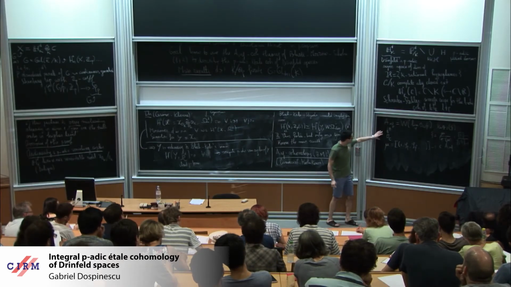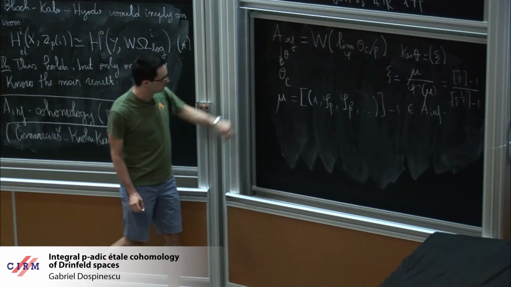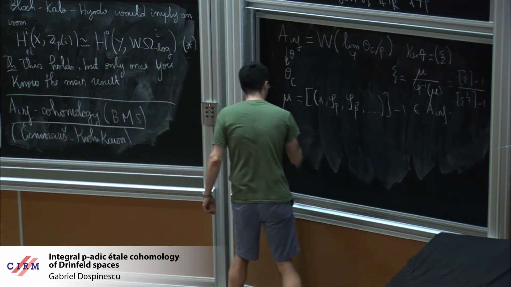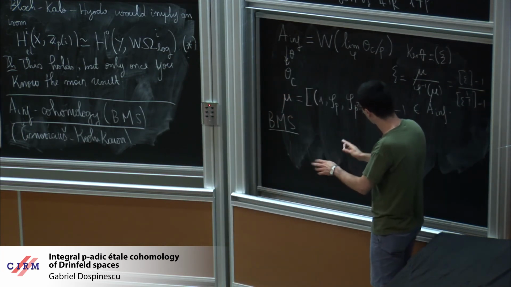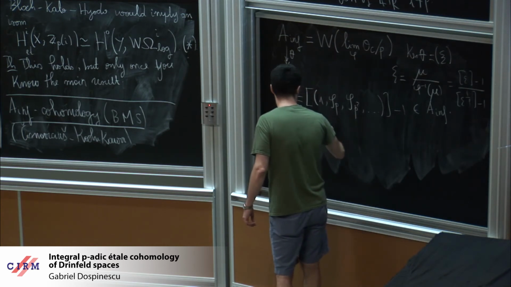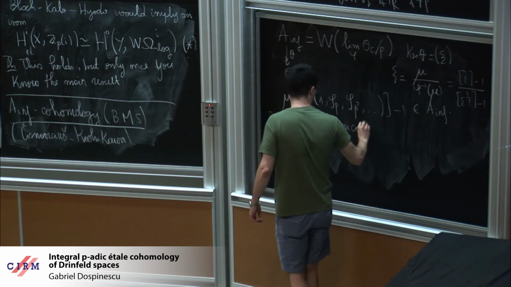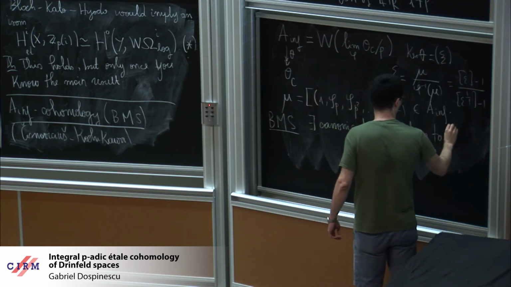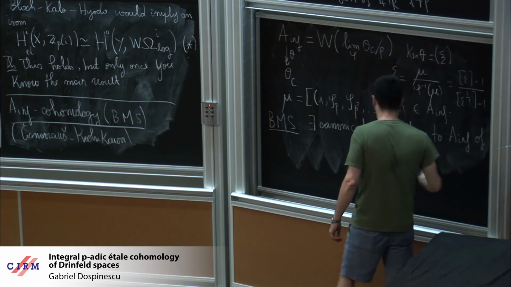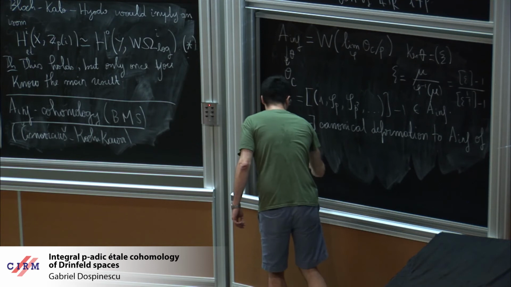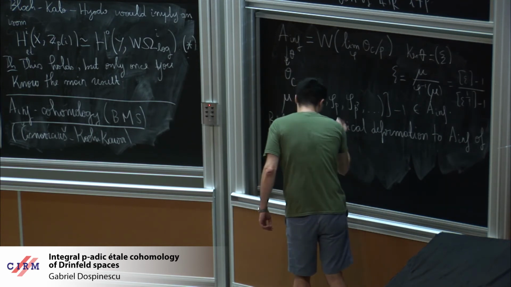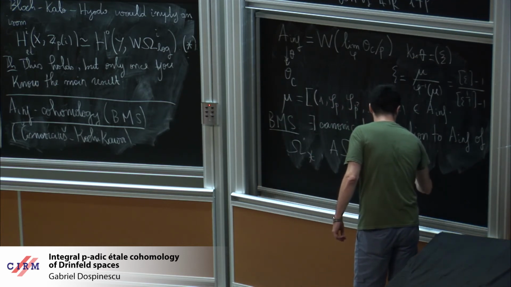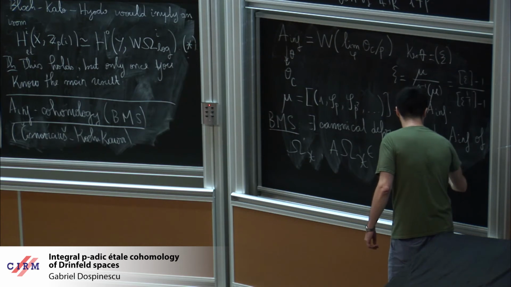So this is the key setup from the point of view of ring theory, but now there is this spectacular result of BMS, which allows one to construct some canonical complexes. So there exists a canonical deformation to A-inf of the de Rham complex, which I will call, well, actually, which they call A_Omega_X.